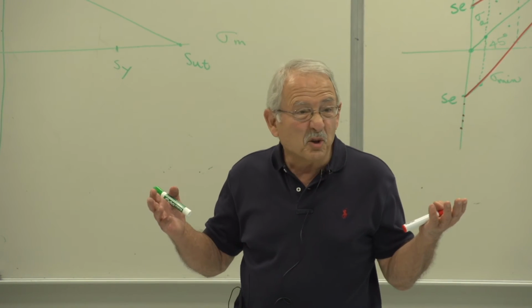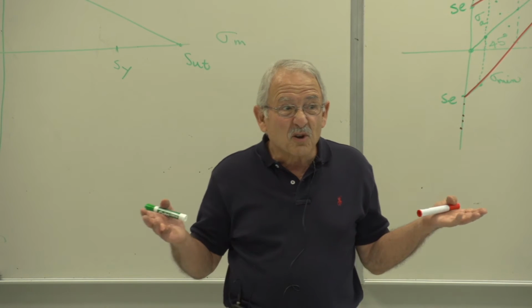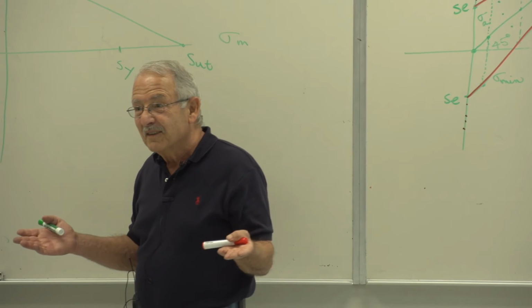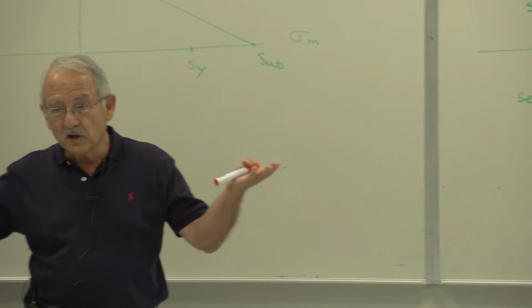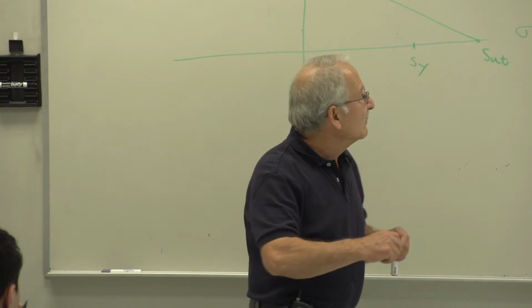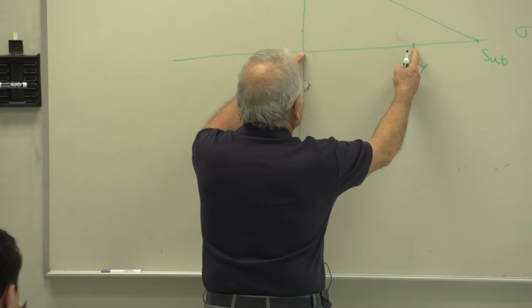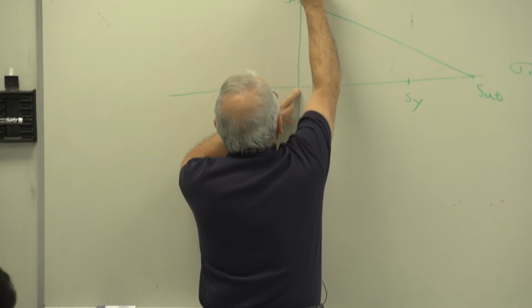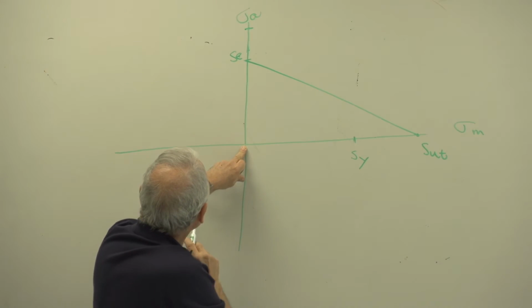A half, actually a quarter, right? As soon as you load it, you load it to yield strength, right? So the material yields, it's ductile. So this could be 0, and that could be over here somewhere. Is that about the same size? Yeah.